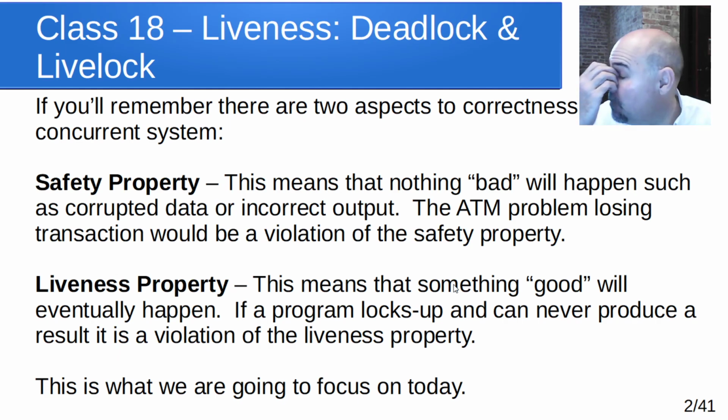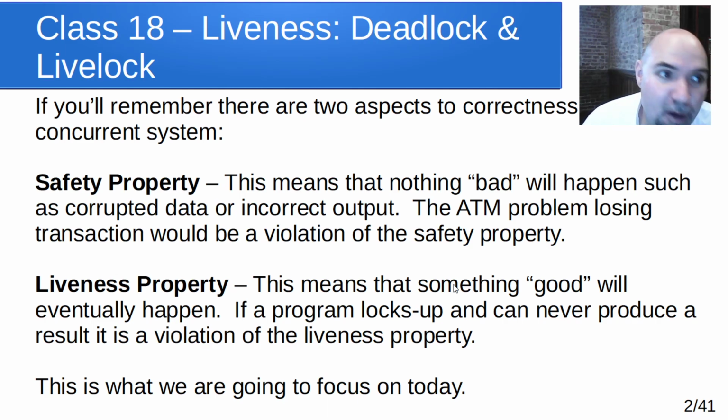The ATM problem, where it lost a transaction and suddenly the $500 deposit was missing, would be a violation of the safety property. Also, the ornamental garden problem with one entry turnstile and one exit turnstile getting a wrong value at the end of the day, saying there were -1 people left inside the property, would also be a safety property violation.